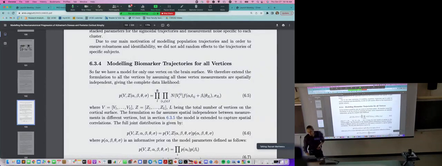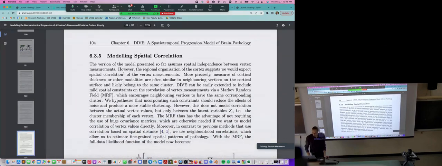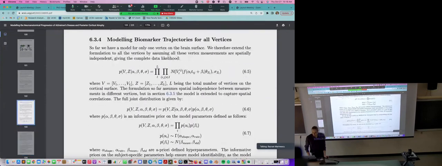Again, we assume independence across all locations, a factorizable form. The reason we do this in practice is that if you don't assume this, it becomes highly intractable. You have to model correlations across brain points and so on. Although later on we extended the model to also model spatial correlation. But let's find out why.